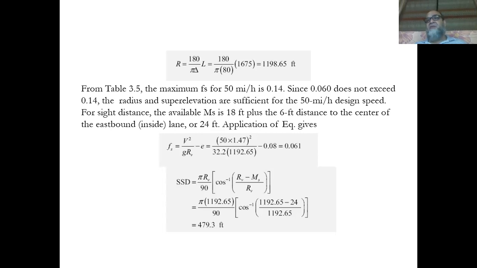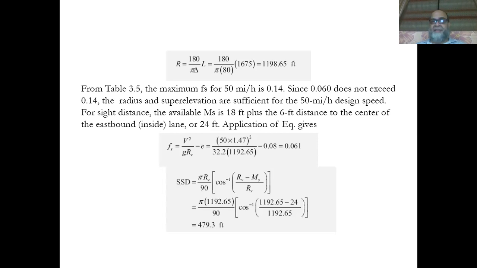Another way, if you're confused about this Fs value, just forget it and try to find the radius from the simple equation. You will find that the radius you have provided, using the basic equation V squared over 15 times e plus Fs, and using Fs as 0.14 from the table, is adequate enough: the radius that was required, and the radius that was provided, 1198.